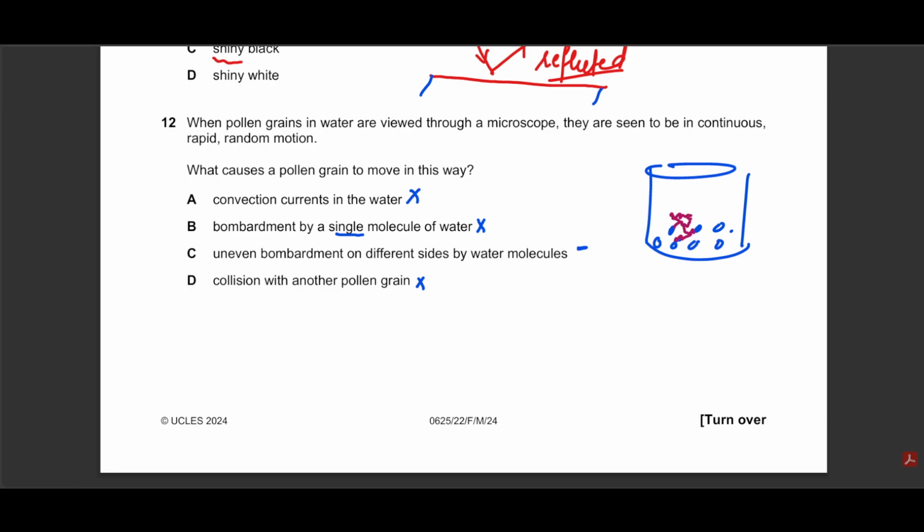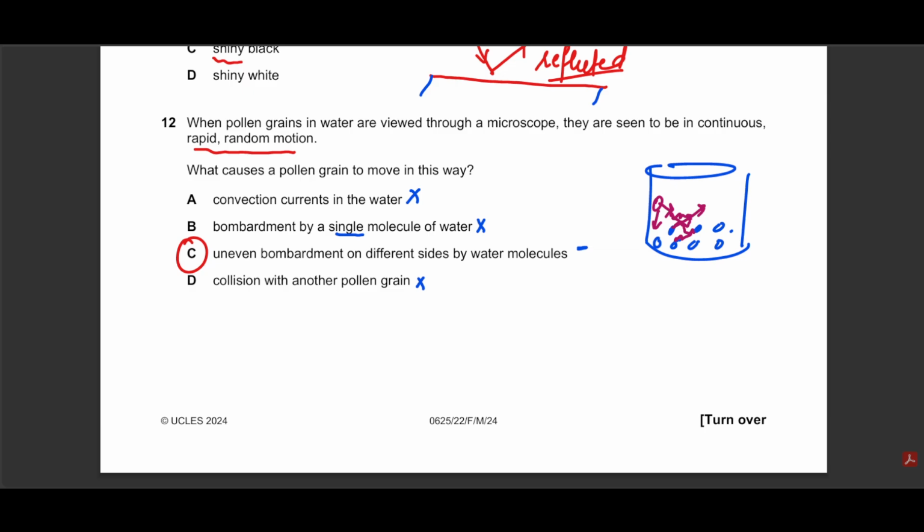They continuously keep moving left and right, and the reason is that water molecules are moving at all times, and when they collide with these solid particles, the solid particles appear to be moving, which gave us the guarantee that liquid particles are always in random and rapid motion. So this option seems to be option C.